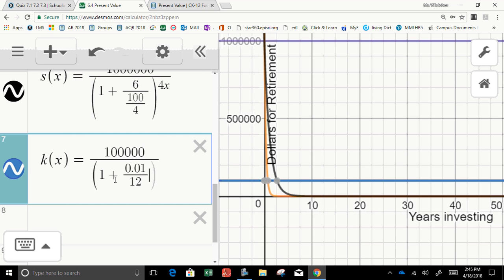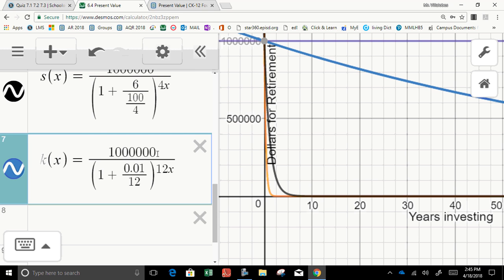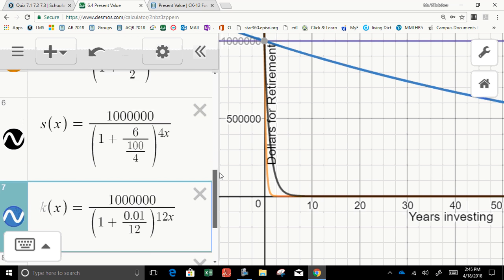And then I gotta shift it up to the 12x. Is this a million, or did I miscount? 1, 2, 3, 4, 5, 6. There you go. So those are the 3 things.